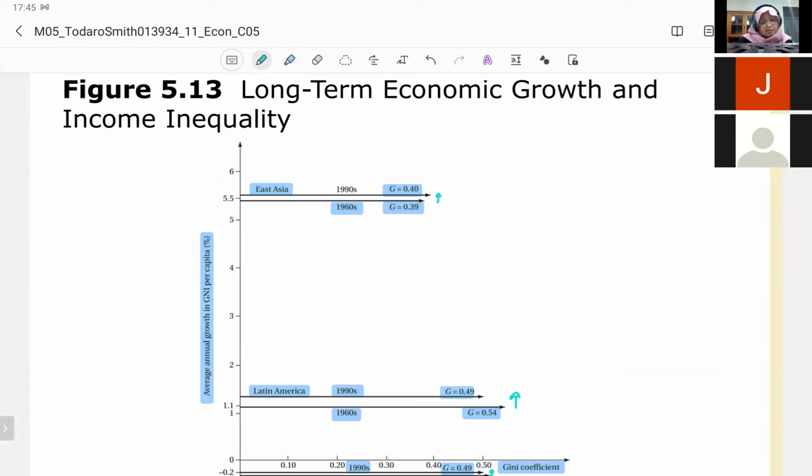So in general, we can see that there is association between growth and inequality. And for growth to be able to reduce inequality, the growth must be inclusive. When it's inclusive, it will reduce inequality. Okay.